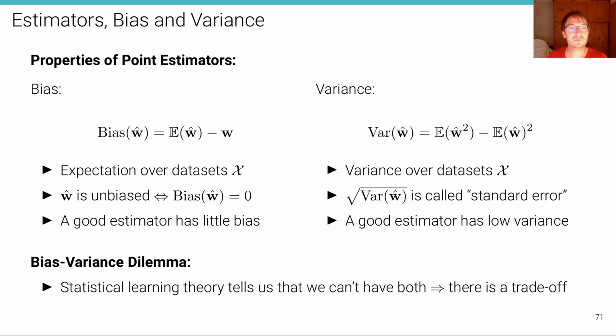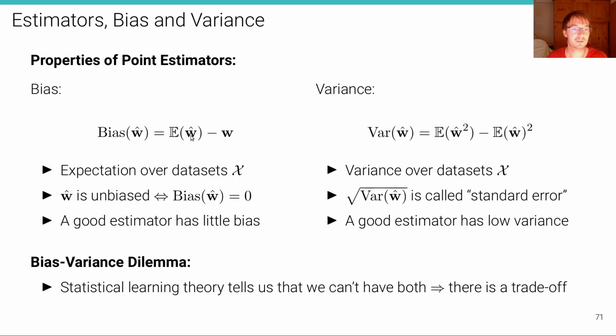And this leads us to the terminology of bias and variance, and the so-called bias and variance dilemma. The bias of a point estimator is the expected value of the point estimate over all datasets that I can draw from the data distribution, minus the true value of the parameters, the true model, basically.